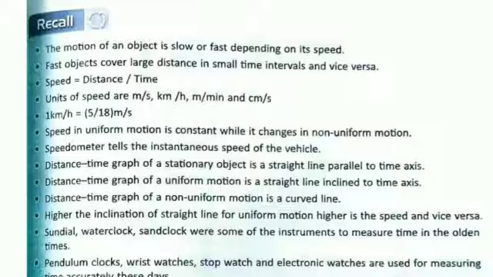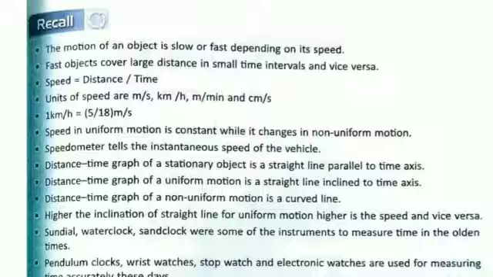So putting the value of meter and second, 1 kilometer means 1000 meter divided by 1 hour means 60 into 60, which is 3600. 1000 divided by 3600. When we calculate this, we find 5 by 18. So 1 kilometer per hour is equal to 5 by 18 meter per second. Okay.